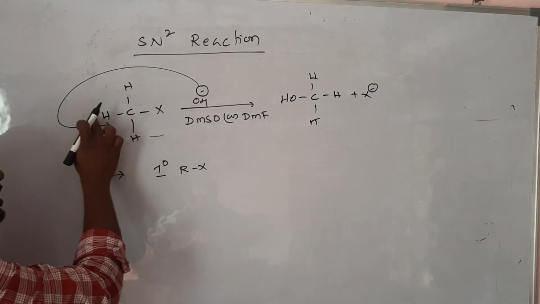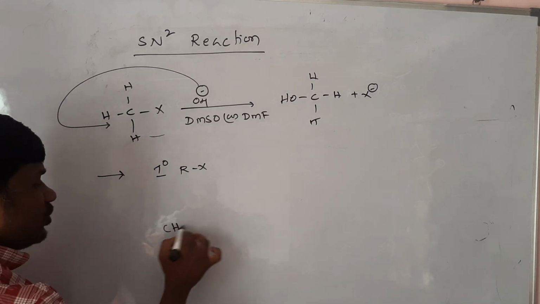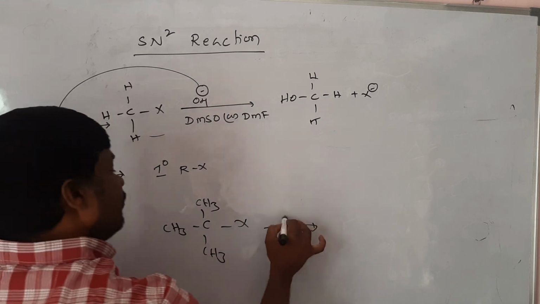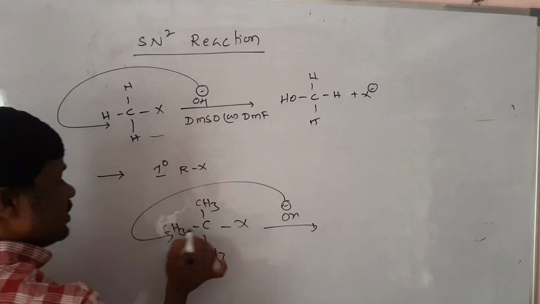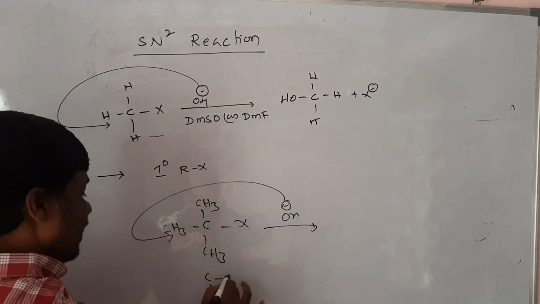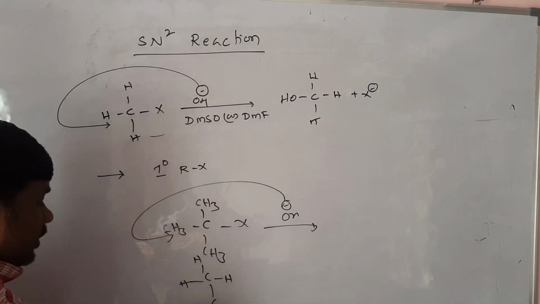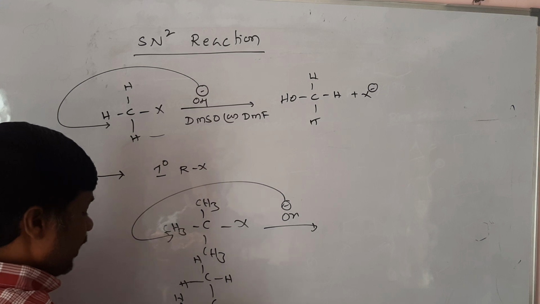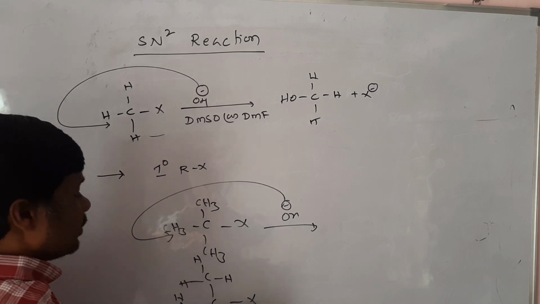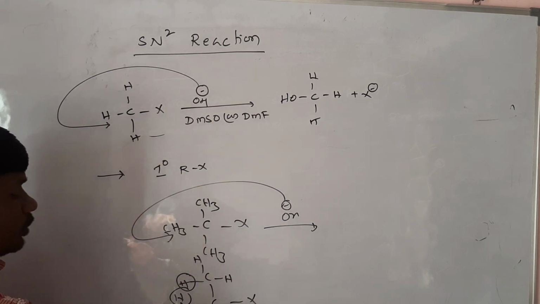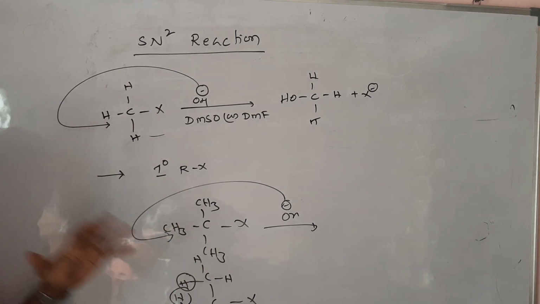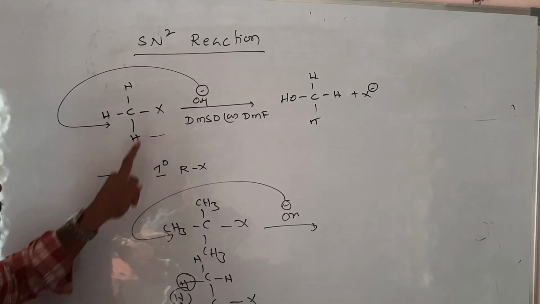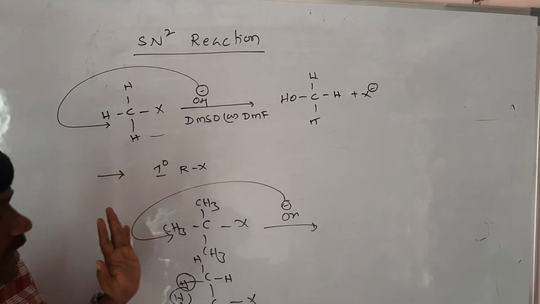If it is tertiary, like CH3, CH3, CH3 attached, attack of the nucleophile is not possible because of steric hindrance. Here, steric hindrance is present, so tertiary alkyl halides are not possible in the SN2 reaction. It should be a primary alkyl halide, so here we are taking the primary alkyl halide.